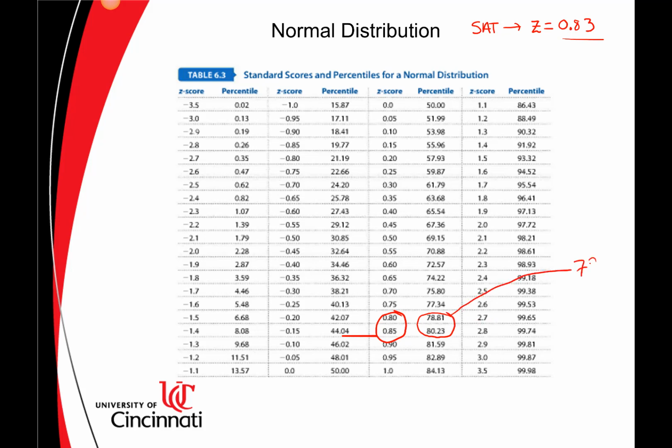It's somewhere between 78.8 and 80.2. Guesstimating in the middle, let's say the 79.3 percentile. So what does that mean?